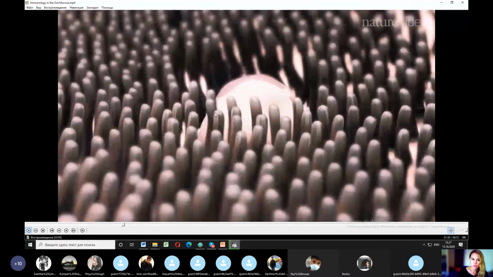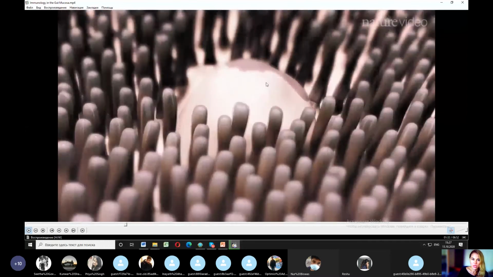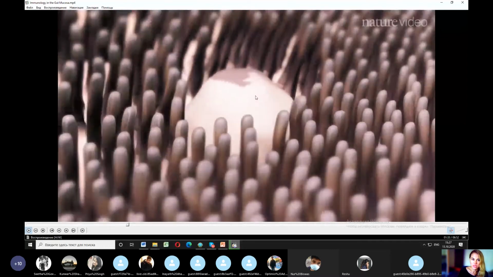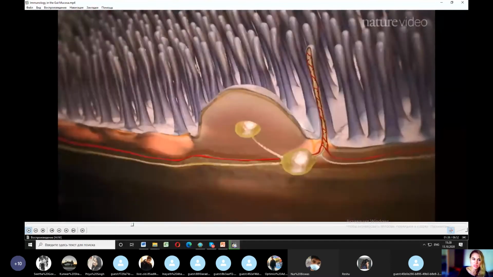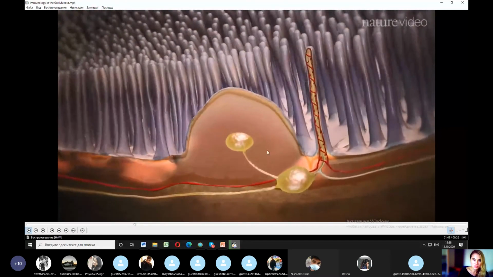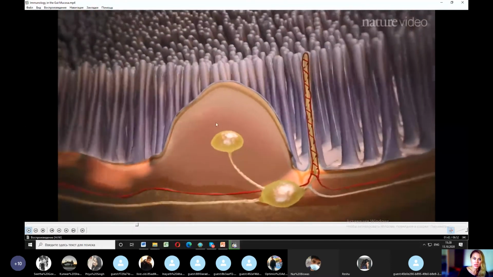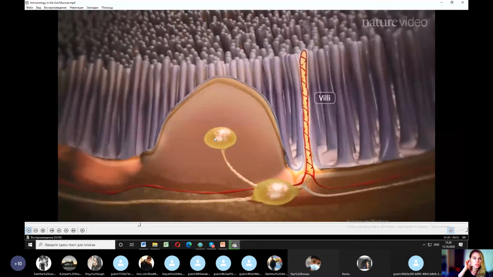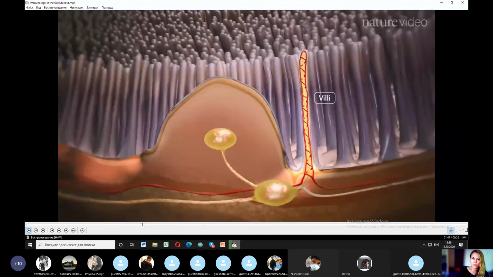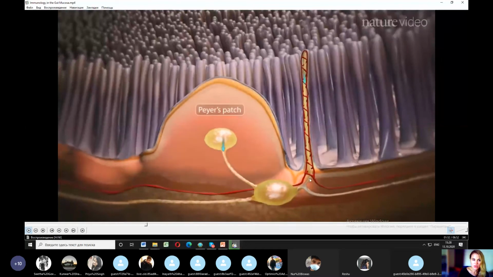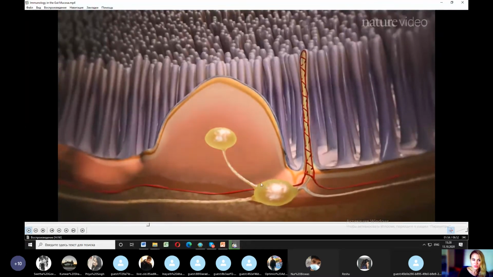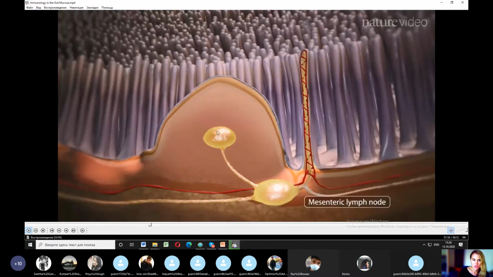So we mentioned before that the M cell overlies the lymphoid cells and lymphoid system cells, and here we can see these lymphatic aggregations that we call the component of the gut-associated lymphoid tissue. So we can see the villi and lymphoid tissue.